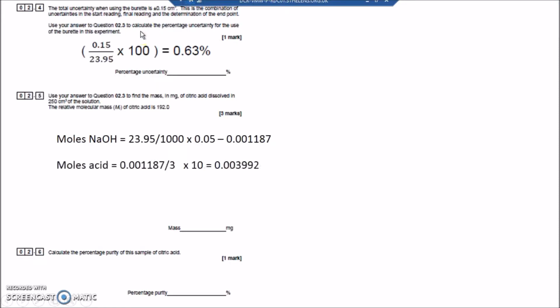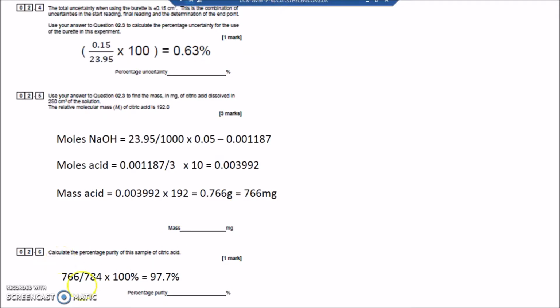So I know that 784 milligrams is impure, and I've worked out from my calculations this is the mass of the acid, 766, and 784 is the amount of impure acid. So my percentage purity is the amount of acid in there divided by the amount of acid and impurities, 784, multiplied by 100% equals 97.7%.